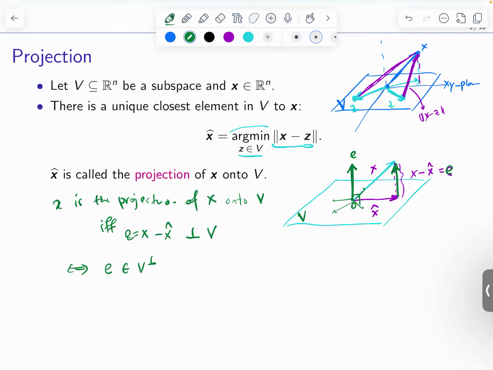So if I project x onto V, I get some x hat such that the difference, which I'm calling the error, x minus x hat, is in V perp. If that happens, then you have a projection. Here you can see e is in the orthogonal complement, V perp.